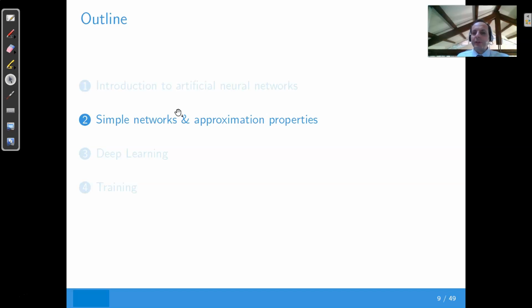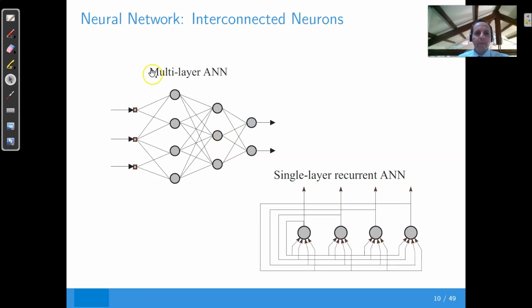Today we will consider the case of the simplest neural networks and their approximation properties, just a very brief insight into these structures. This is the example of an interconnected neural network.